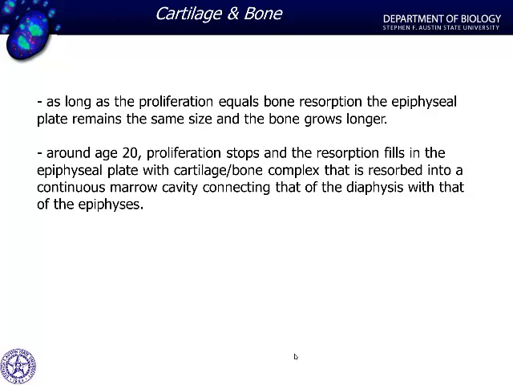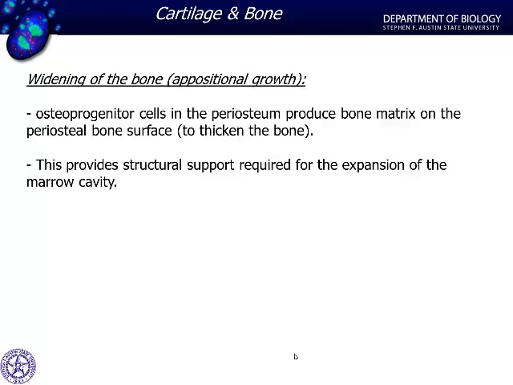However, once we get into the early 20s, that's when proliferation stops, but resorption continues to progress. And so past about 20, 25, we lose that cartilage component of our epiphyseal plates, and our bones will be unable to continue to lengthen anymore. We will have reached our full length and size of our long bones in our body.